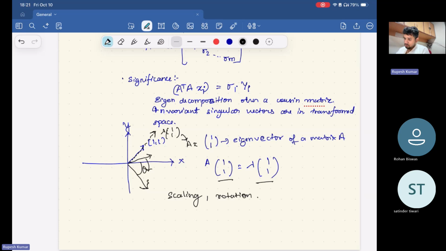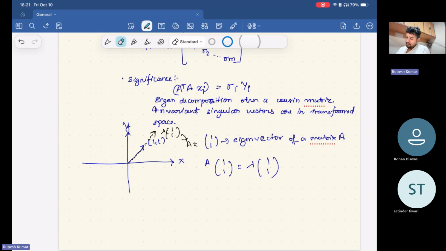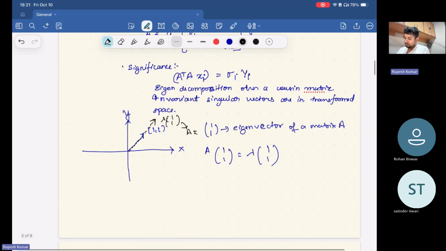But since it is an eigenvector, it is only being scaled and no rotation will be observed. So this was all about the geometric meaning of eigenvectors.